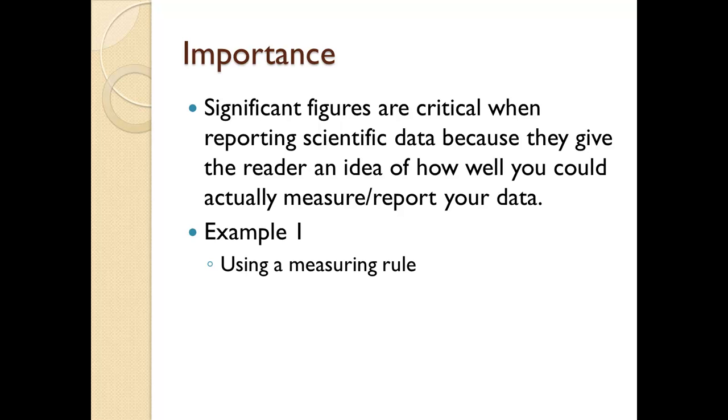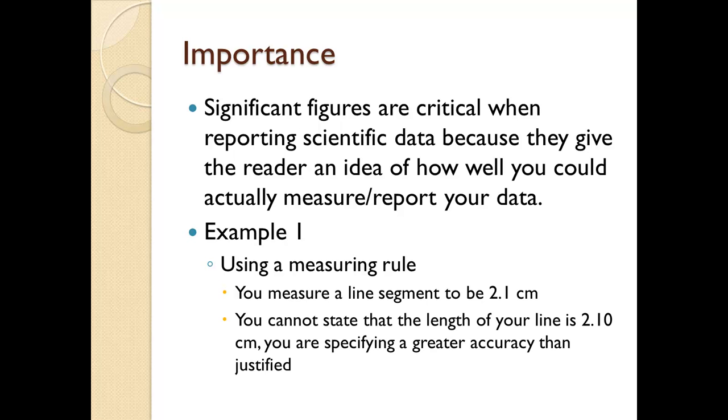So for instance, in this example, if my experiment requires me to use a measuring rule, and I measure a line segment to be 2.1 centimeters, it is not accurate for me to state that the length of the line is 2.10 centimeters because I am specifying a greater accuracy than what is justified.